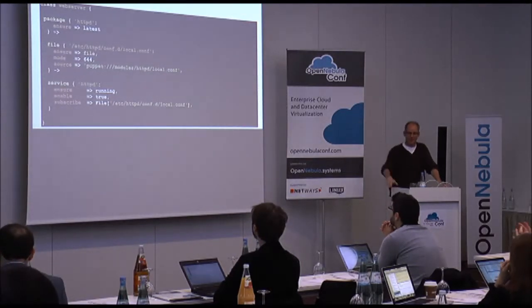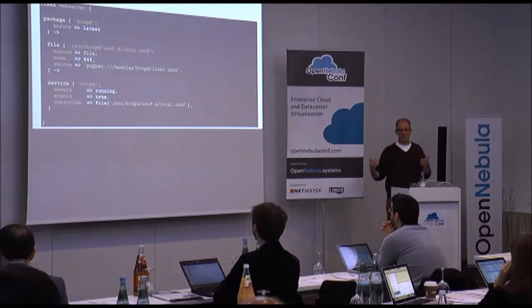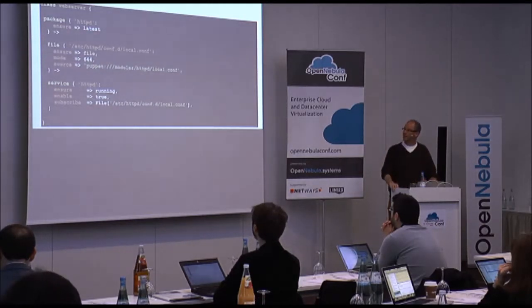If the HTTP service is already running, there's nothing to do. Puppet's happy. If it's not running, Puppet will figure out how to start it depending on the operating system that you run it on. In this manner, you decompose the different things that machines in your infrastructure do into classes, into roles. Besides the web server class, you might have one that talks about NTP, right? Everybody likes to talk about NTP and how to configure that.